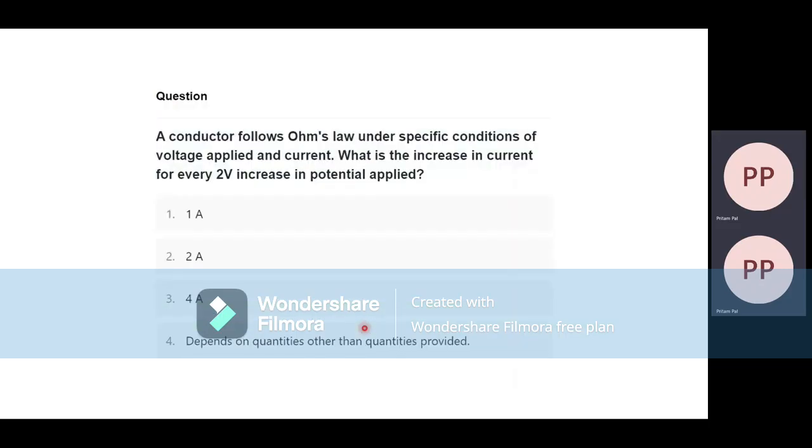Then, these are a few sample questions that I've prepared.